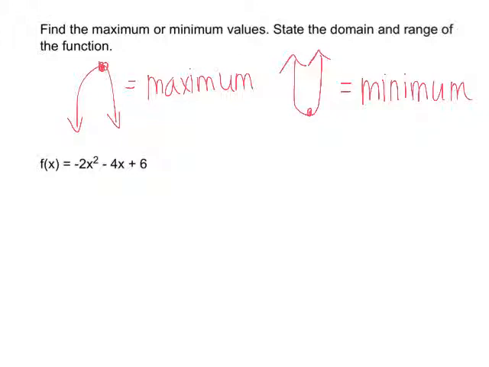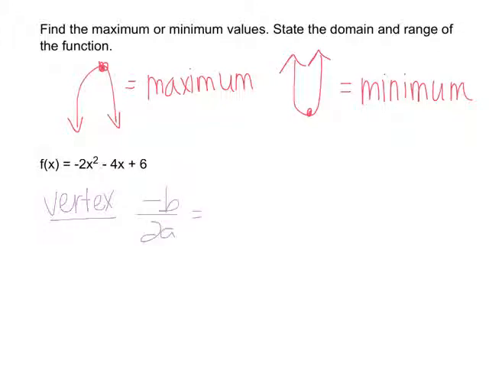And the way that I can do that is I first need to find that vertex. And so to find the vertex, I'm going to use the formula negative b over 2a.